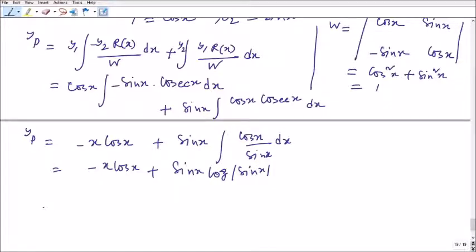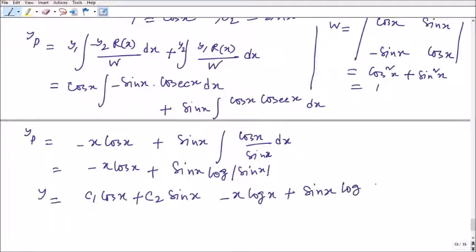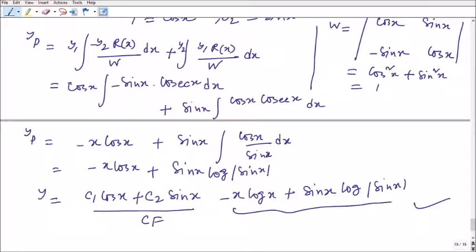So the complete solution of this differential equation is y equal to c1 cos x plus c2 sin x minus x cos x plus sin x into log of sin x. So this is the complete solution. This is the complementary function, and this is the particular integral.